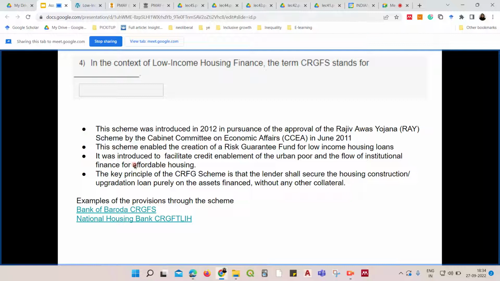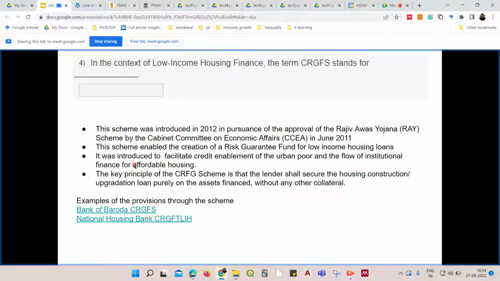It was introduced by the Cabinet Committee on Economic Affairs after June 2011. So what this scheme did was it enabled the creation of risk guarantee fund for low income housing loans. So what this scheme focused on was to facilitate credit enablement for urban poor.